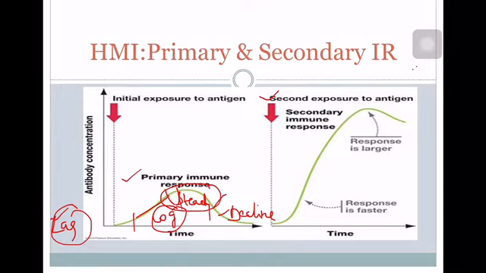Secondary response means it is the immune response to the same antigen for the second time. Second time exposure to the same antigen, and then the immune response at that time is called a secondary immune response. The primary immune response differs from the secondary immune response.